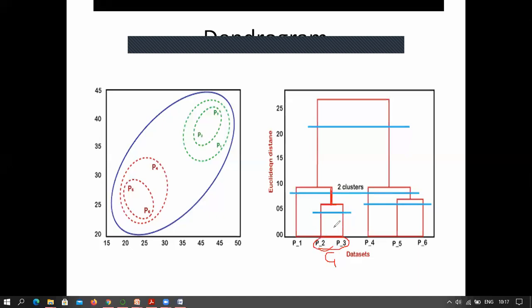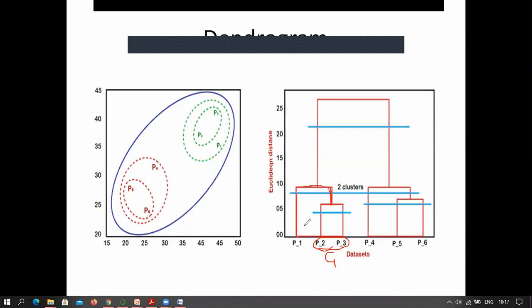So in order to combine C1 and P1, you take the center of this rectangle and draw one line starting from P1. The height is again represented by the Euclidean distance. Suppose the Euclidean distance between these two clusters is 9. You take that as 9, and make this rectangle type of figure.